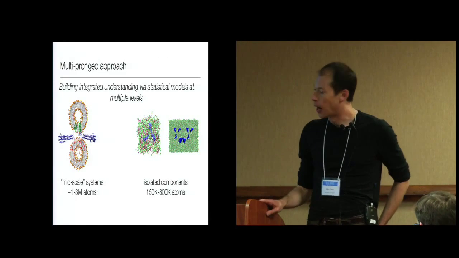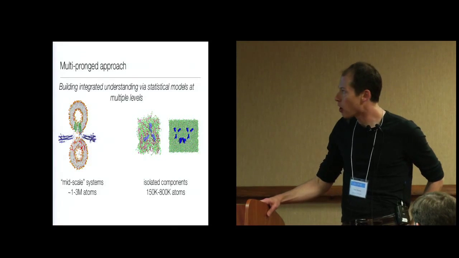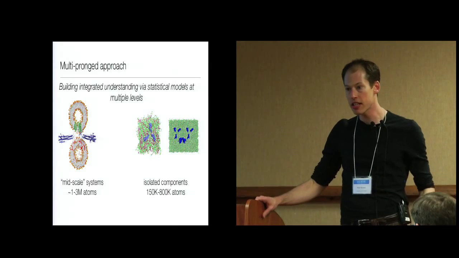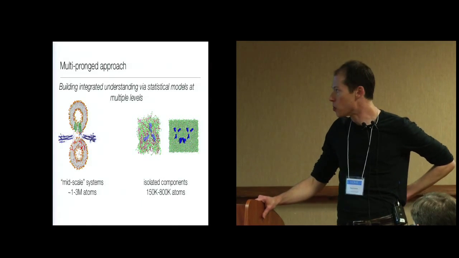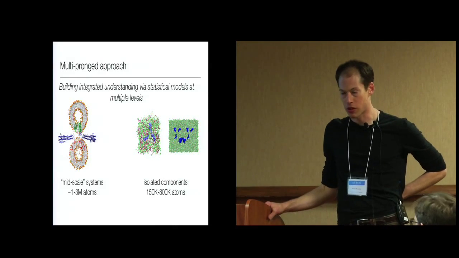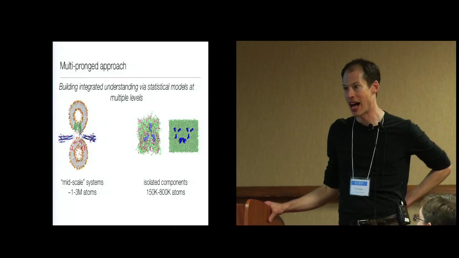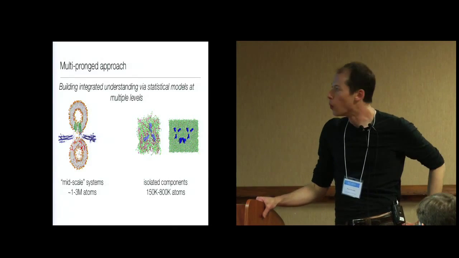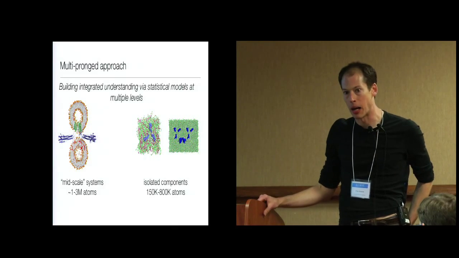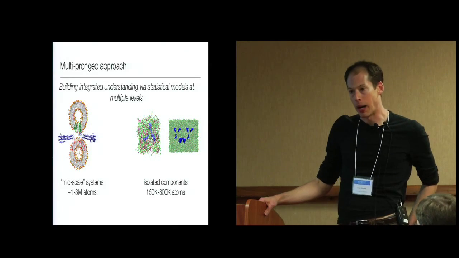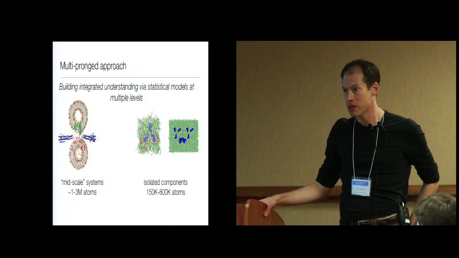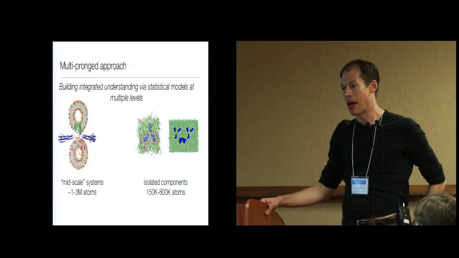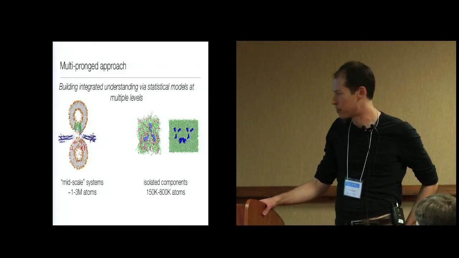We take a multi-pronged approach because of the challenge of these sorts of systems. We do some simulations on what I call mid-scale systems, not trying to say, let's do the whole thing, but trying to say, what do we think might be the smallest unit that contains all the relevant pieces? Those are several million atoms, and proceed over fairly long timescales.